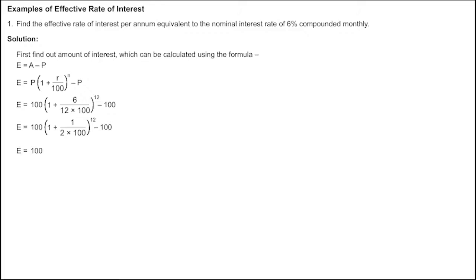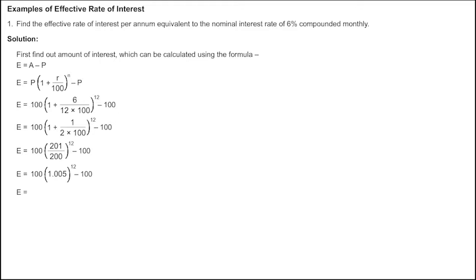When we simplify what is inside the bracket, we get (201/200)^12. 201 divided by 200 is nothing but 1.005. So we get on the right hand side 100 × (1.005)^12 − 100. The value of (1.005)^12 is 1.061677812.